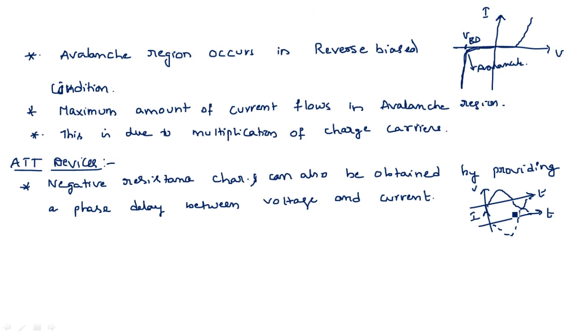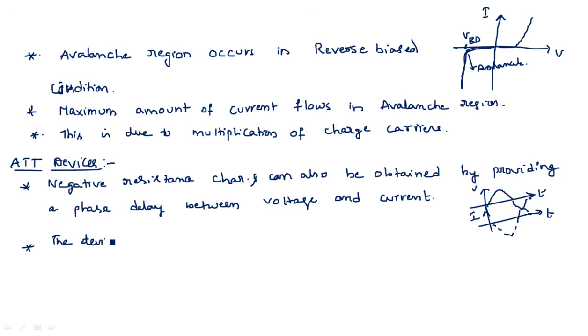This should be the relation between voltage and current. Then we can say the device has negative resistance characteristics. The devices which exhibit this property are known as avalanche transit time devices.